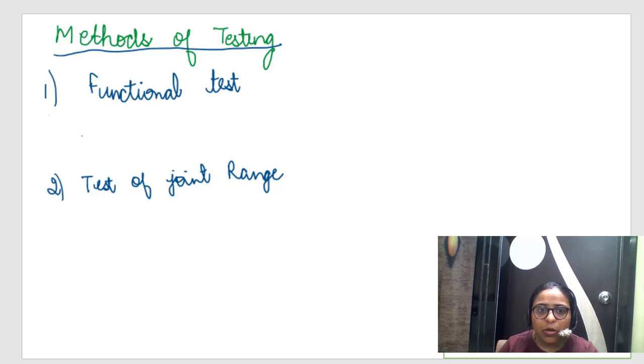When we are talking about the functional test, what are the functional tests? In this we are checking the patient's ADLs, starting from his functional activities to his personal care and household and work creation.